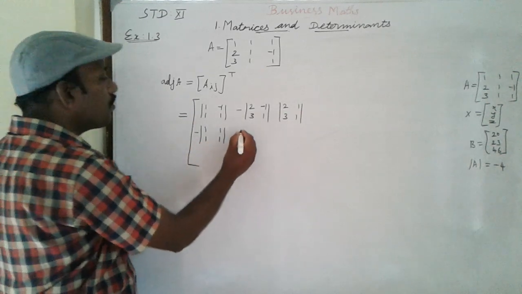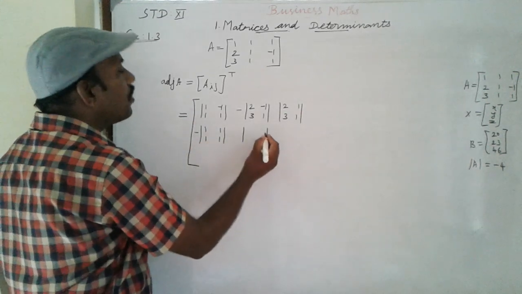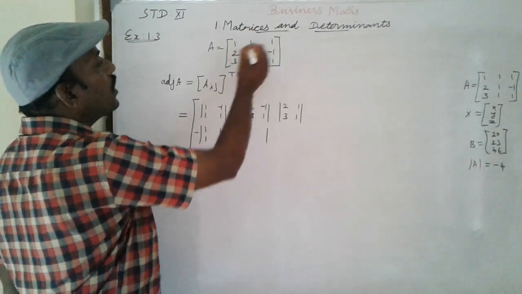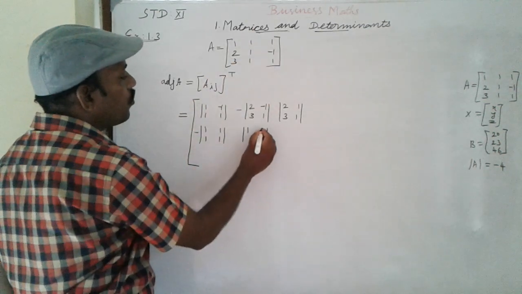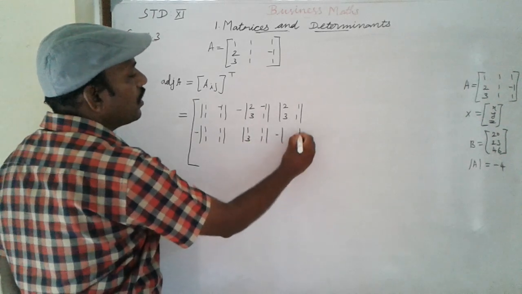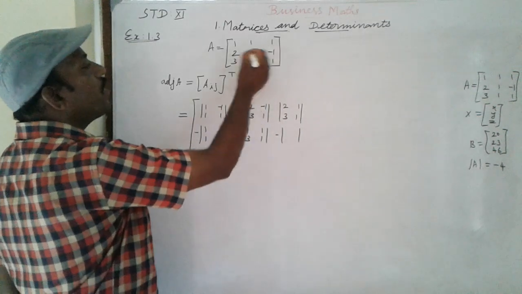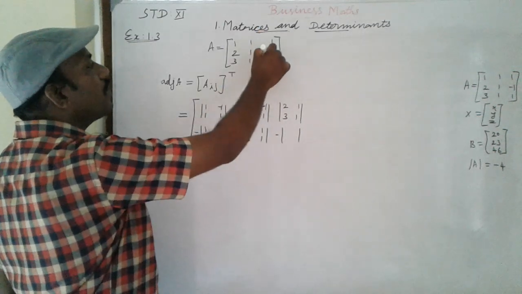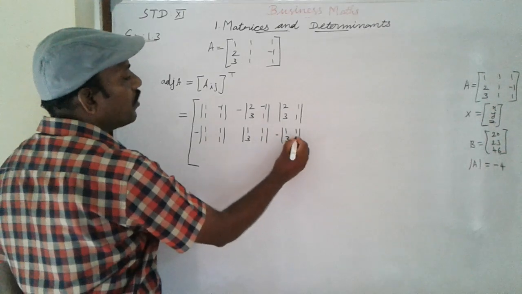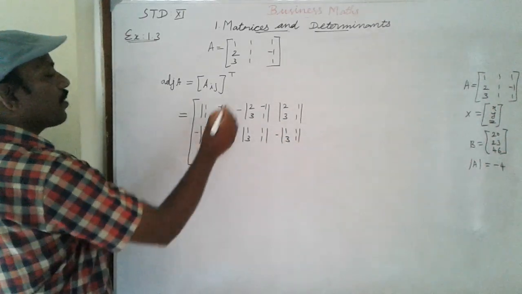Next is the sign plus, the cofactor of 1, leaving 1, 1, 3, 1. Next the sign is minus, the cofactor of minus 1, leaving 1, 1, 3, 1. Next the sign is plus.